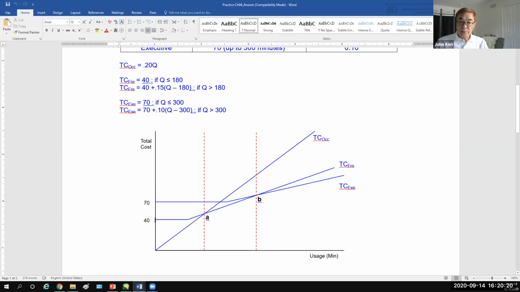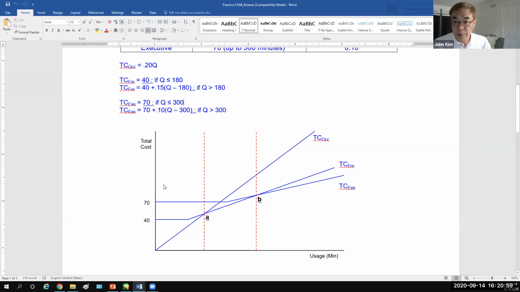And second option, frequent plan, $40 flat up to 180, and then additional minutes increase by 15 cents if Q is more than 180. And then third option, $70 up to 300, and then increase by 10 cents if Q is more than 300.